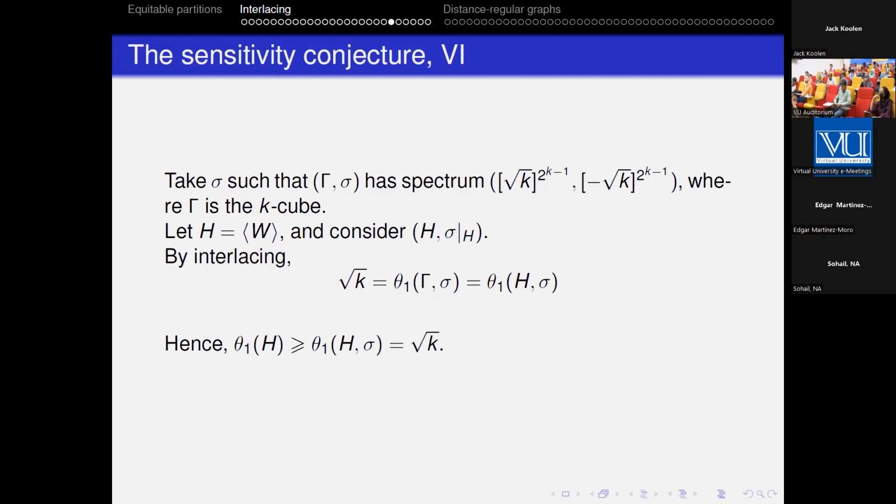Then you have many zeros, but you also have one induced subgraph, which is a K claw. This is an induced subgraph of A. So this bound is sharp. And this shows the sensitivity conjecture.